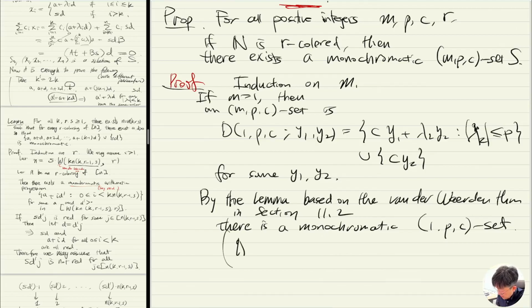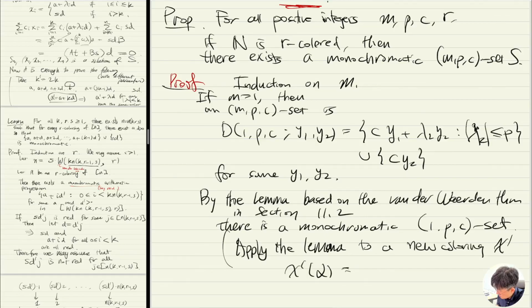Well, apply the lemma to a new coloring chi prime, where chi prime of alpha is equal to chi of C alpha.